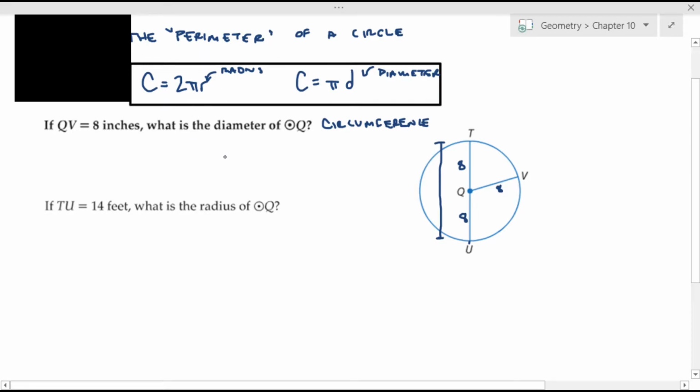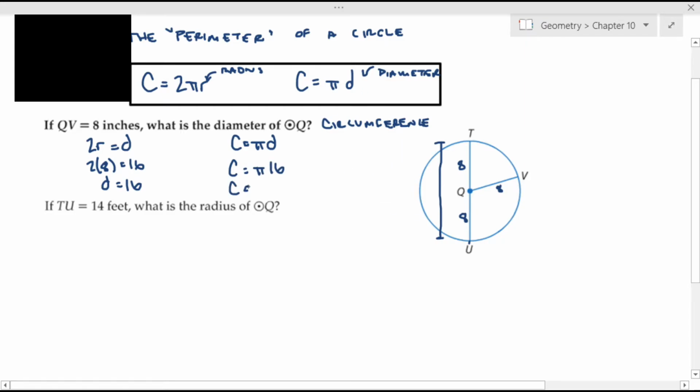You do 2 times the radius to get the diameter. So 2 times 8, the diameter is 16. And since we know the diameter is 16, let's use the circumference is equal to pi times diameter. So circumference is equal to pi times 16.